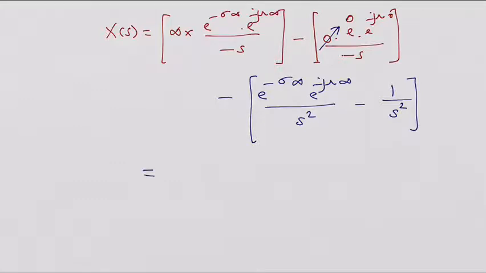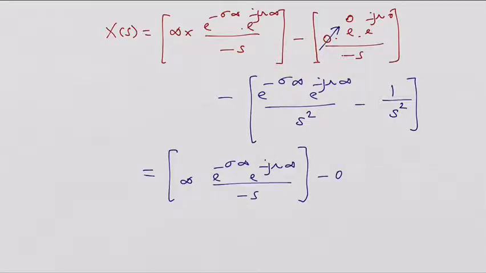Now the entire expression will get reduced to this: infinity multiplied by e power minus sigma infinity minus j omega into infinity divided by minus s, whereas the second term is actually 0. When I multiply the minus inside, it will become e power minus sigma infinity, e power minus j omega into infinity divided by s squared, and the final term will become 1 by s squared, isn't it?